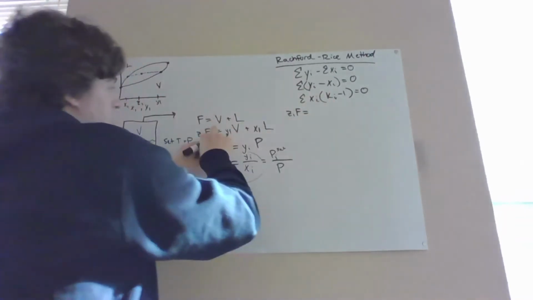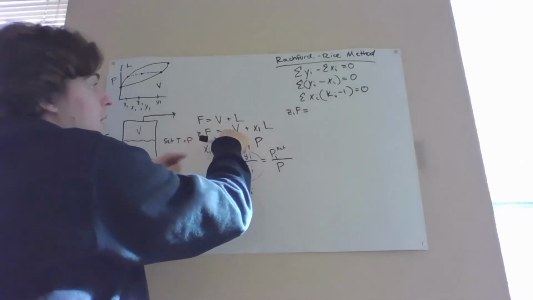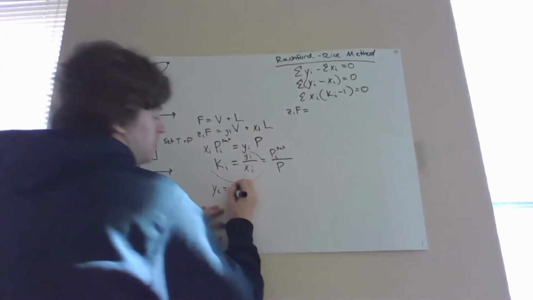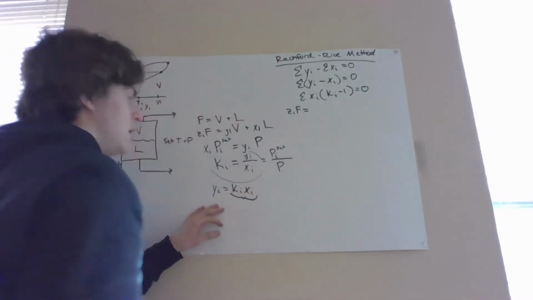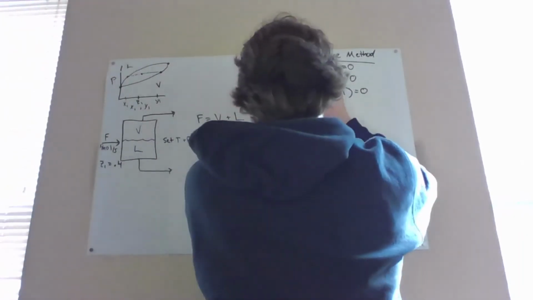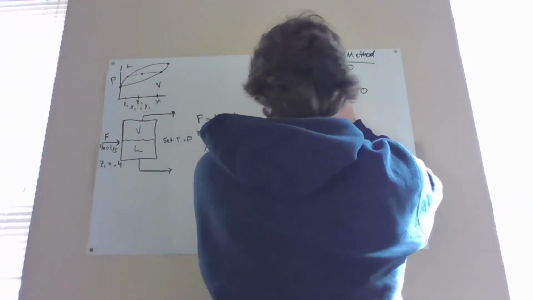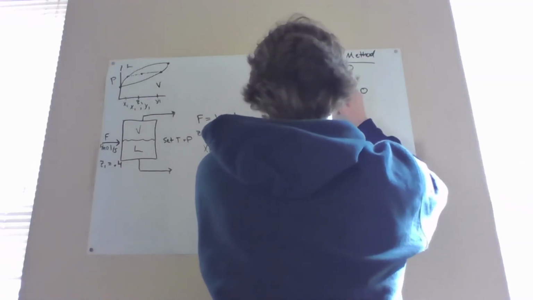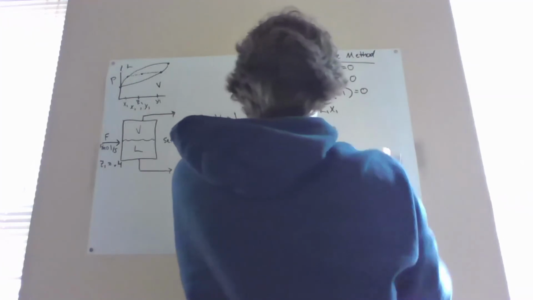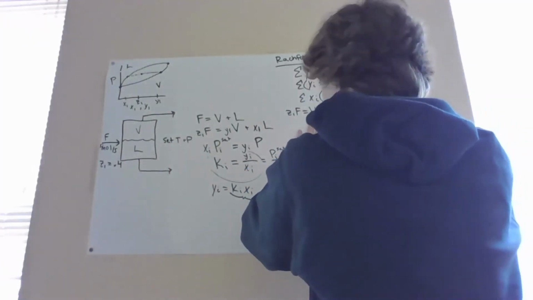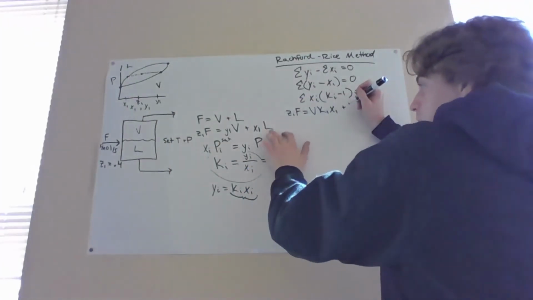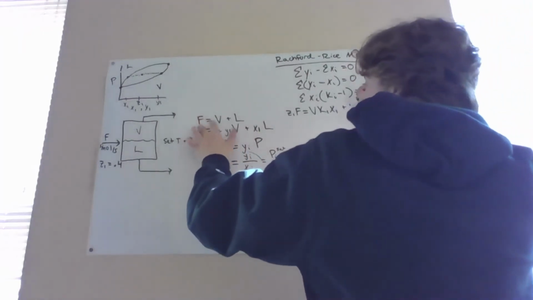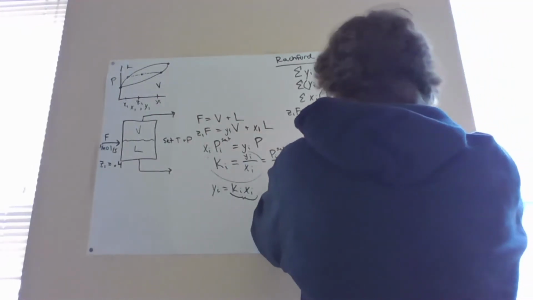So I'm rewriting this equation, but instead of using the vapor mole fraction, I'm going to use this expression right here, using K. That term becomes the total moles in the vapor phase times K1 times the mole fraction of benzene in the liquid phase. Then I'm going to rewrite the total moles in the liquid phase as the total moles from our feed minus the moles in the vapor phase.